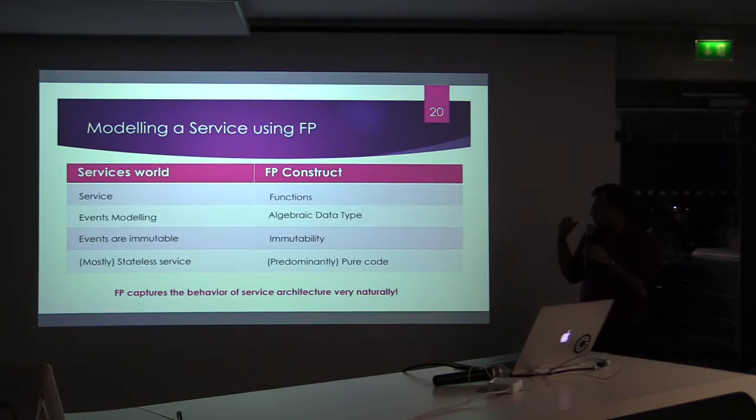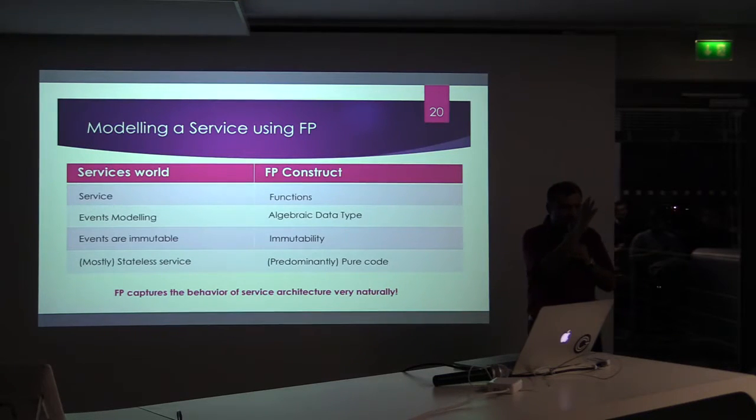So my purpose of putting this slide is that functional programming captures the behavior of service architectures very naturally, that you could pretty much have a one-on-one correlation with the way you physically imagine that and how your code would implement those concepts. Questions, if any? Right.